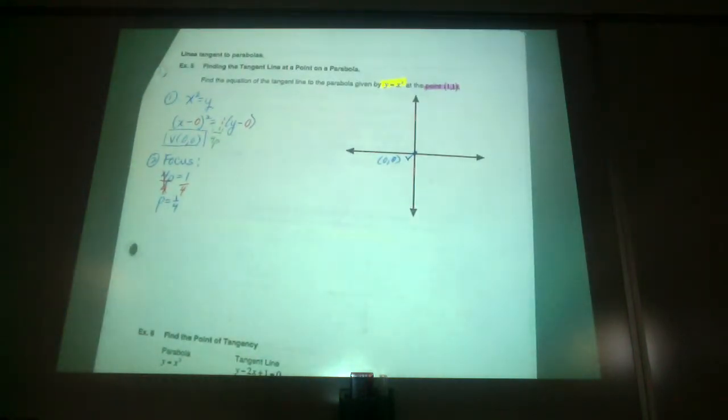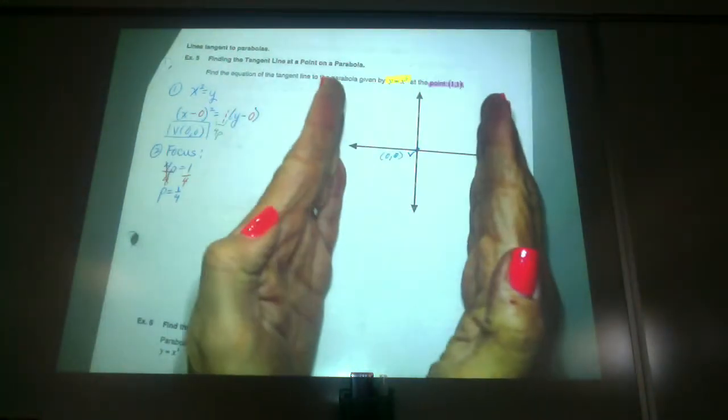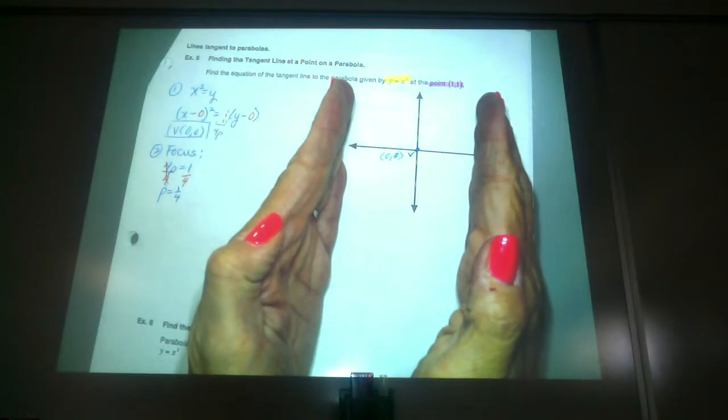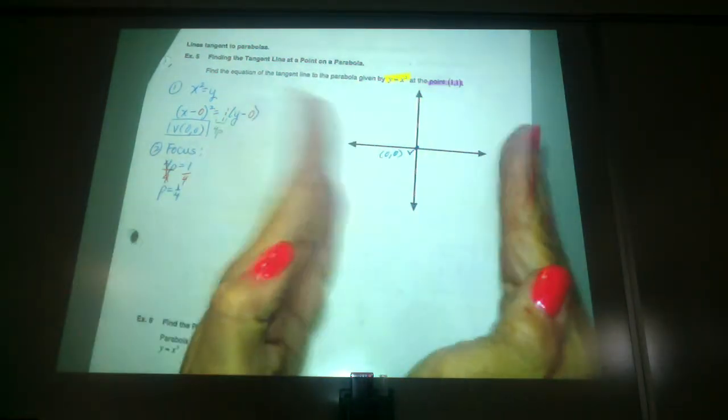That's the distance that the focus is from the vertex. Does this parabola open up, down, right, or left? With the x being squared, hold on to your x-axis, right? Can't you only swing up or down?